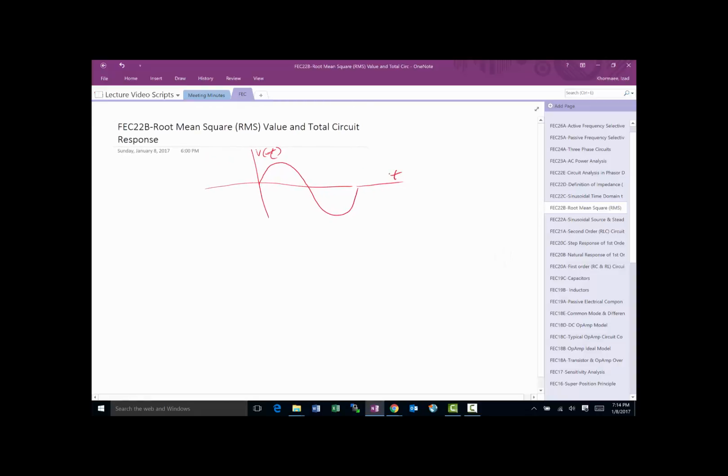If I average this, this is going to be positive, and I'm going to have an equivalent amount on the negative side. So if I average it over one period T, the straight average of V of t is equal to 0.